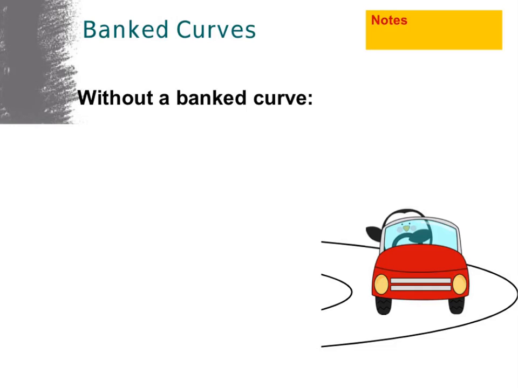So without a banked curve, let's take a look at what would happen, or the forces acting on a car. So we know that we have gravitational force, Fg, pointing straight down. We have normal force pointing straight up.